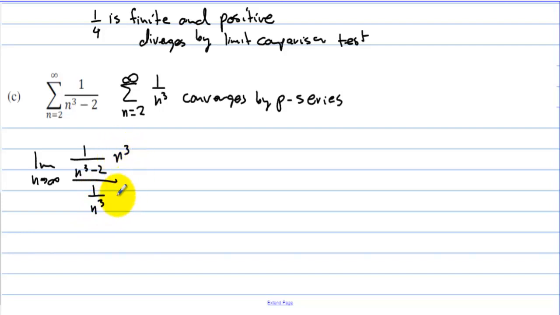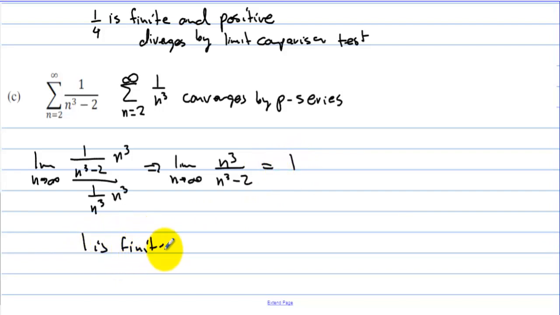And then we can multiply the top and bottom by n to the third, and we get the limit as n approaches infinity of n to the third over n to the third minus 2. And that's equal to 1. 1 is finite, in other words, not infinite, and positive. So the series converges by the limit comparison test.